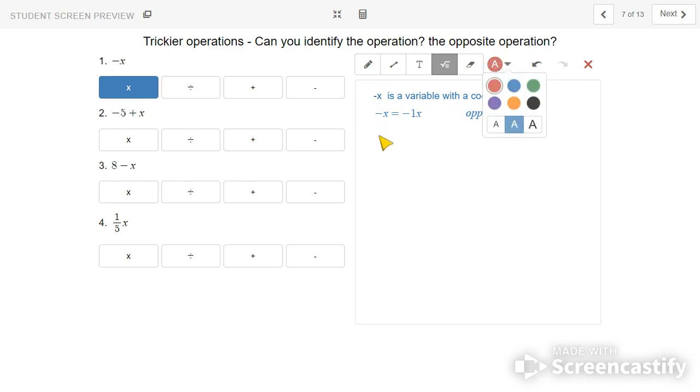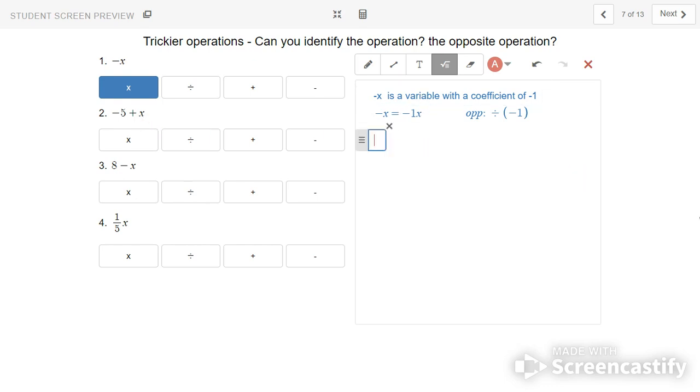All right, our second example. -5 plus x. What is being applied to the x? So I need you to be really mindful. It's not that x is being added to the -5, because that's what's being applied to the -5. But I want to know what is being applied to the x.